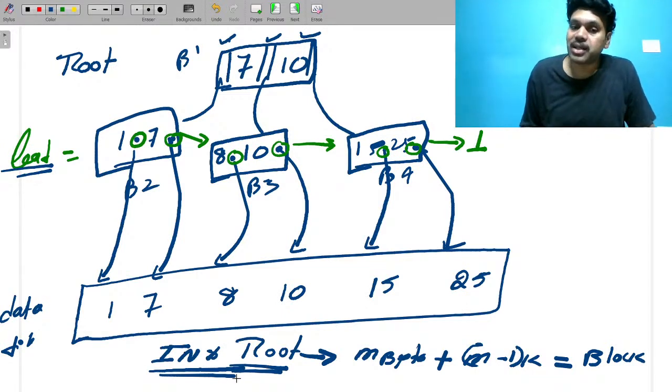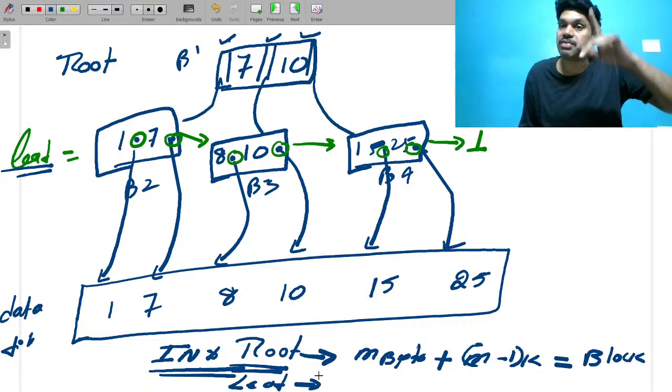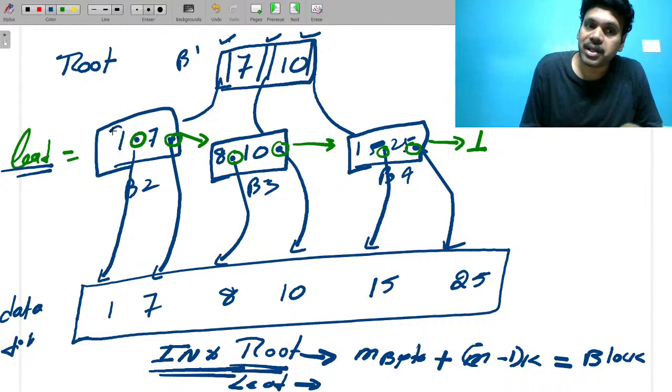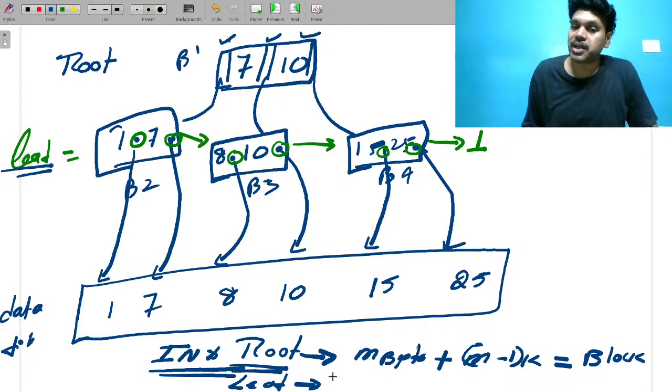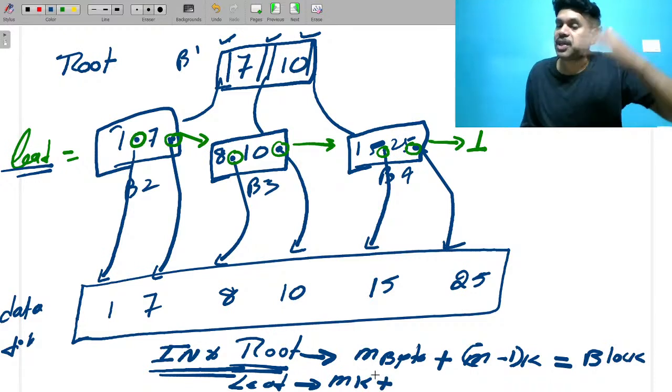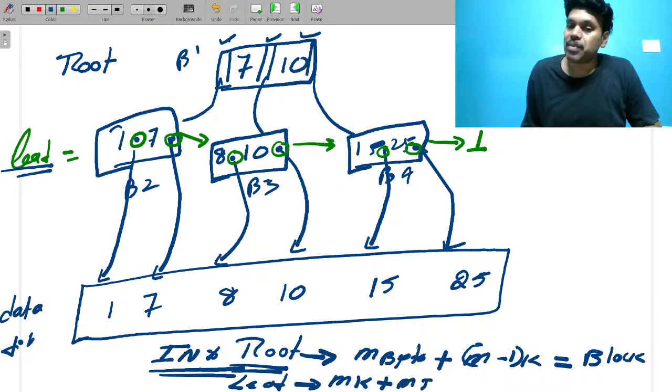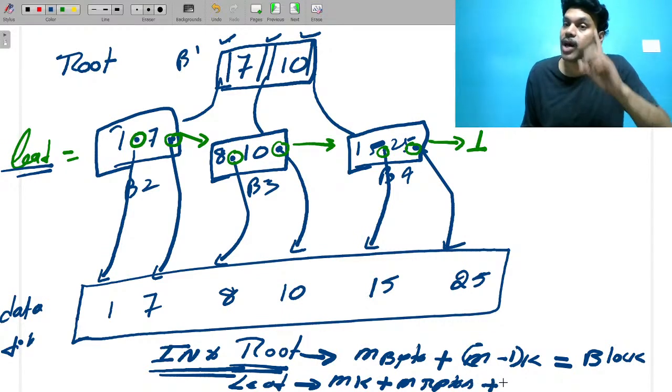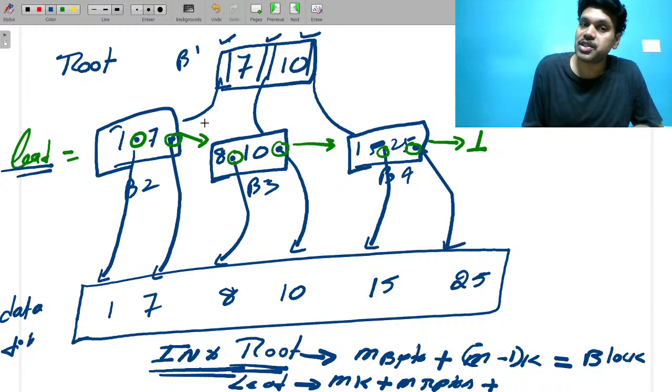But if you look at the leaf, what does your leaf consist of? Leaf consists of different elements. I am maintaining keys and I am also maintaining record pointers. M keys you can insert, M record pointers are also maintained, and plus one link pointer I am maintaining. This is your link pointer.